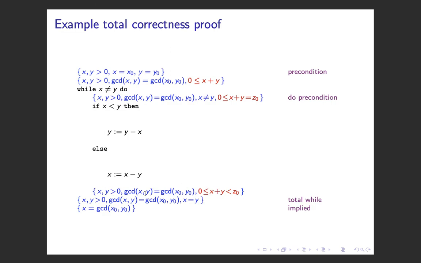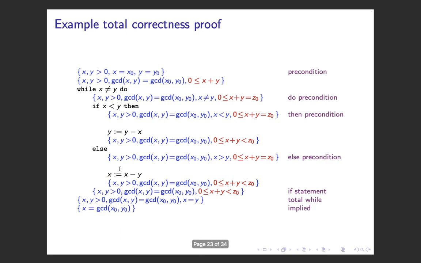So again, here we're verifying an if-then-else. So we're going to duplicate this postcondition for the if-then-else, and it's going to be postconditions for both of the branches. And the precondition for each of the branches is again the precondition for the whole if-then-else, now together with, in the then case, the condition that the Boolean expression that the if is testing is true.